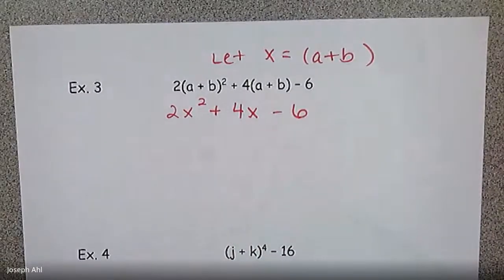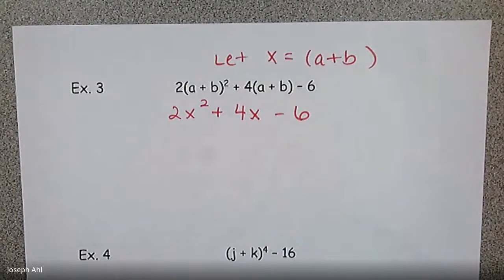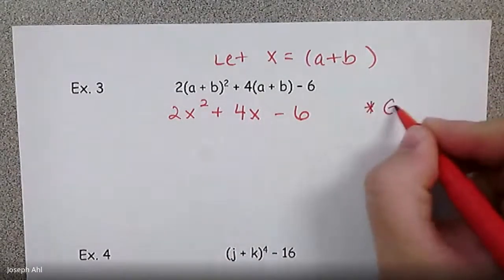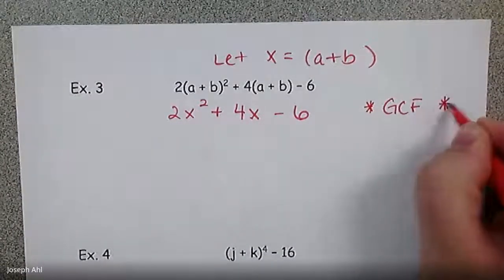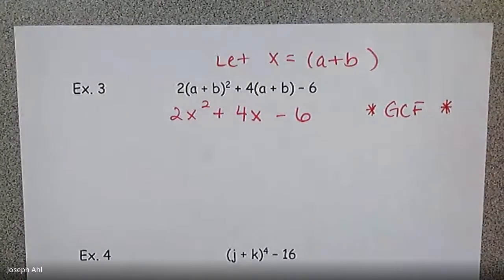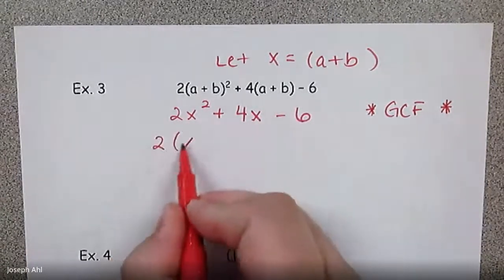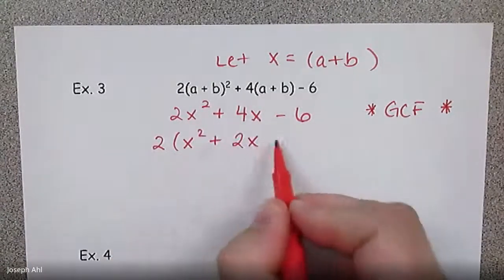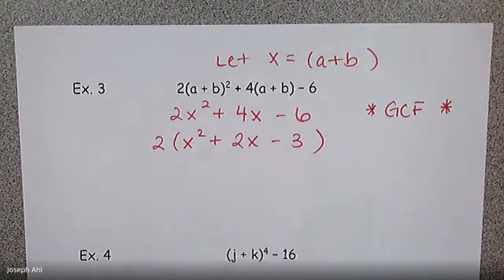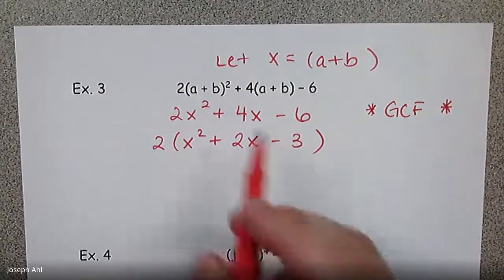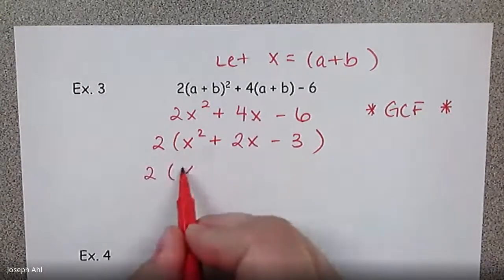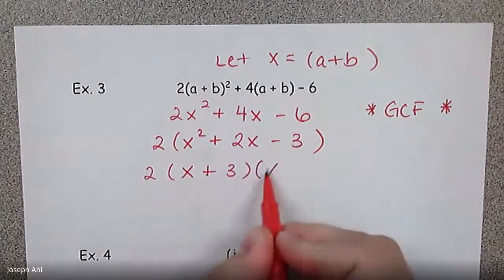The first thing I'm hoping you're thinking about here is that when we factor, we must think about GCF first. It's the first technique you really should consider so that something's factored completely. Then you can take out a GCF of 2, which is going to make our factoring a little bit easier. So when I take out that GCF of 2, now we can factor this into x plus 3 times x minus 1.